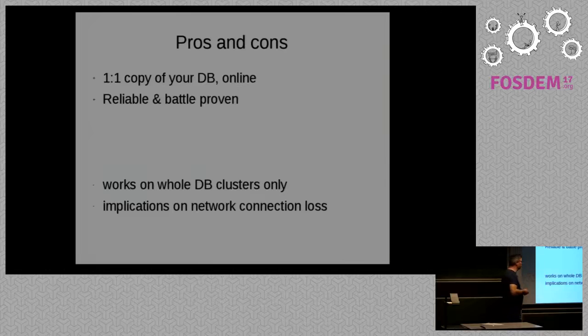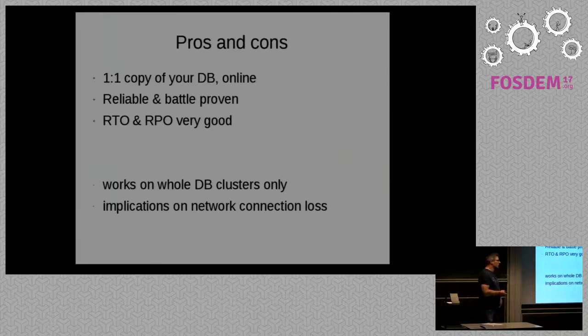The RTO and RPO are obviously very good, right? So you can be up and running in seconds, and you lose the last transaction in the worst case. So 99.999% availability is possible. On the downside, it works on whole DB clusters only, again. And yeah, implications on network connection loss. So if your sync slave goes down and you only have one, you have serious problems.